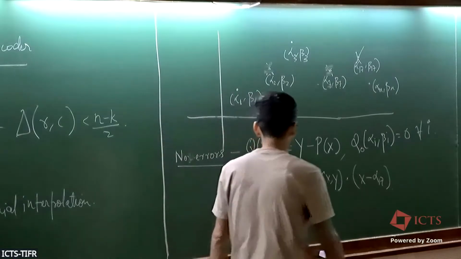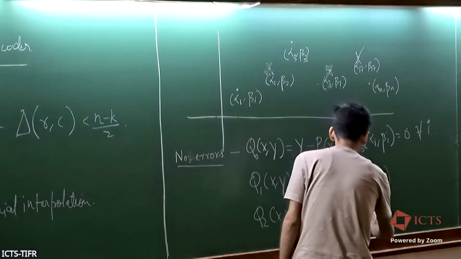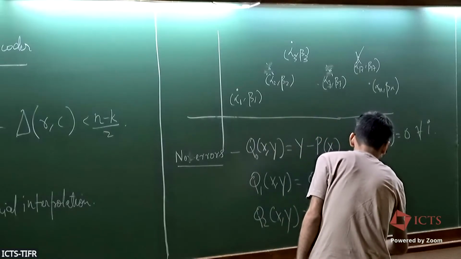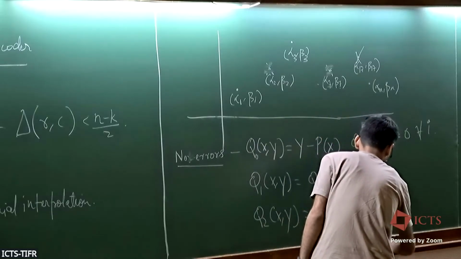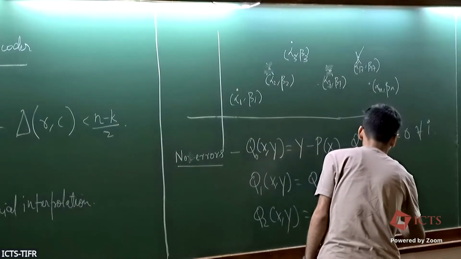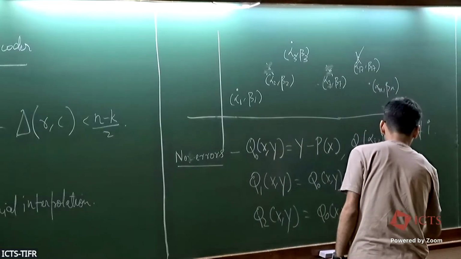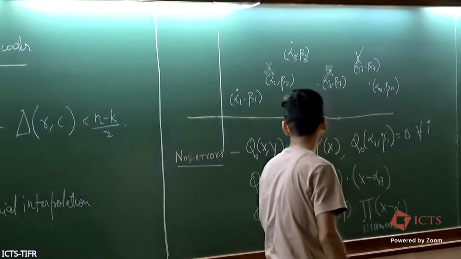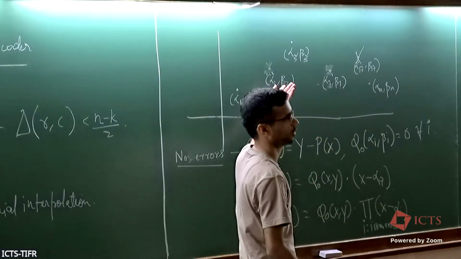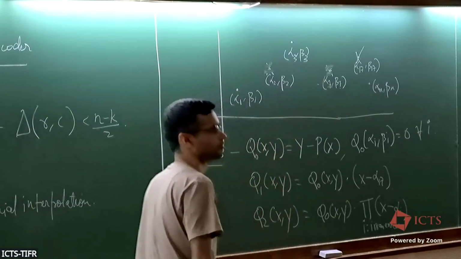Right, so we can write q naught of x y, and we can multiply it by x minus alpha i for all indices i such that i is an error. This is one example of a polynomial that vanishes on all these points in the two-dimensional space, even now. Very good?